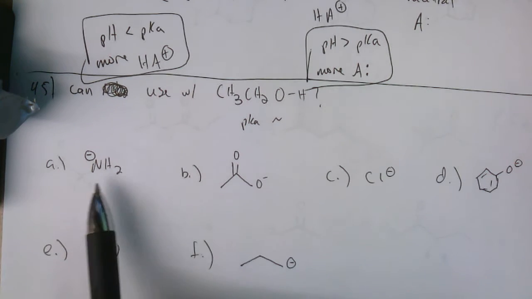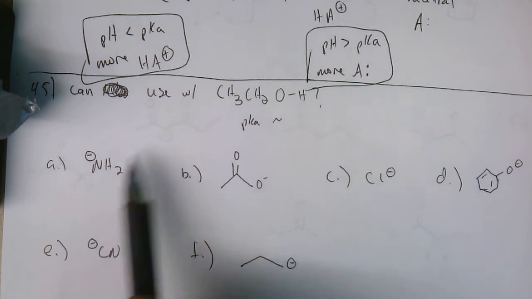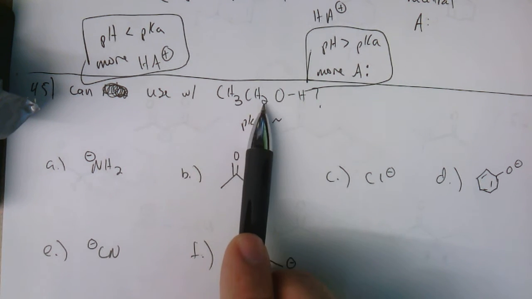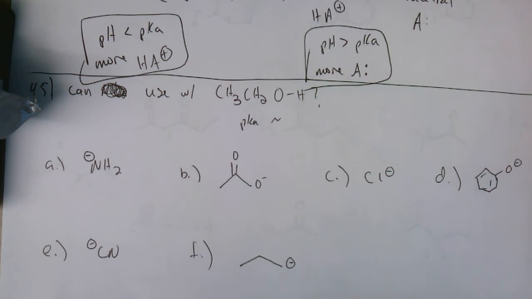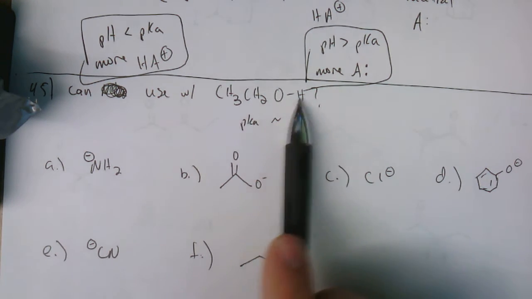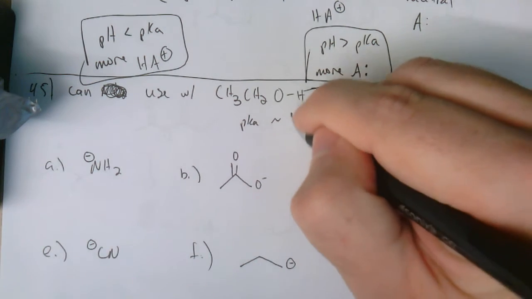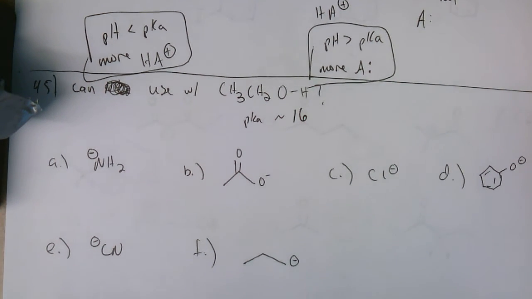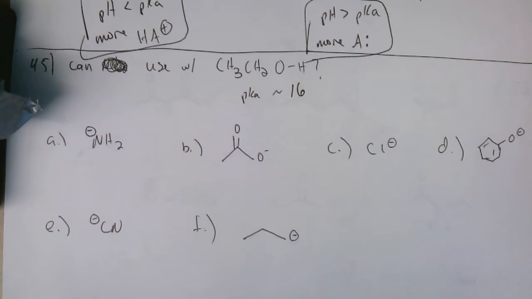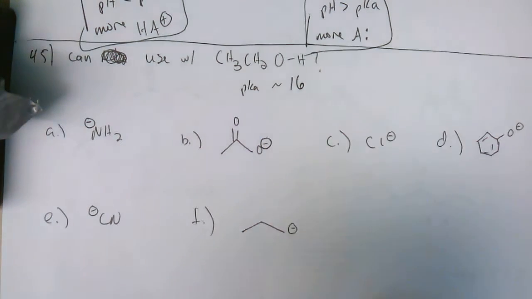It's asking, if I want to use this base and put it in ethanol to dissolve it, is it going to just react with the ethanol before it actually reacts with whatever acid I'm interested in doing chemistry with? So I need to know, how acidic is this H? And the answer is it's an alcohol, so we know it's around 16. Then I just need to figure out the pKa's of the conjugate acids of all these bases, and go from there.